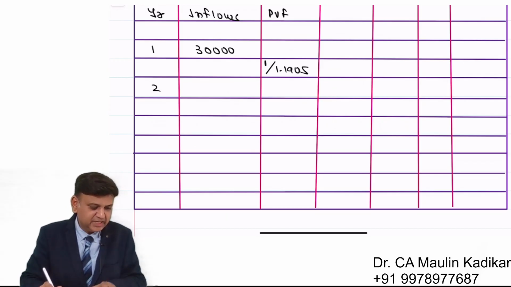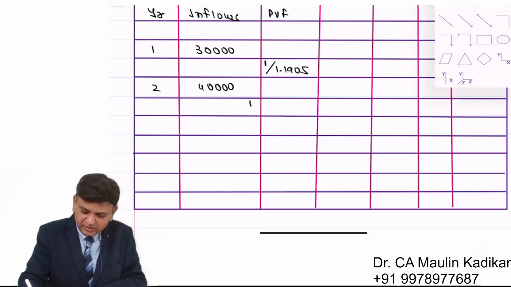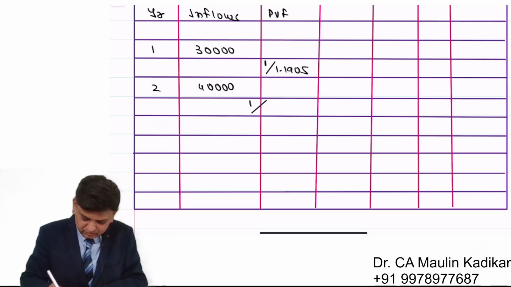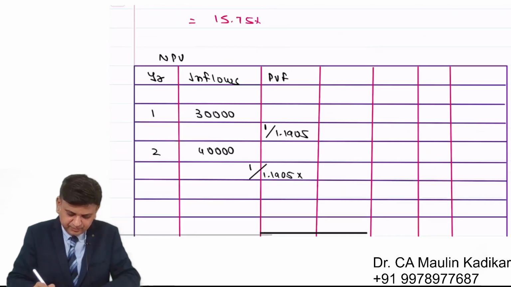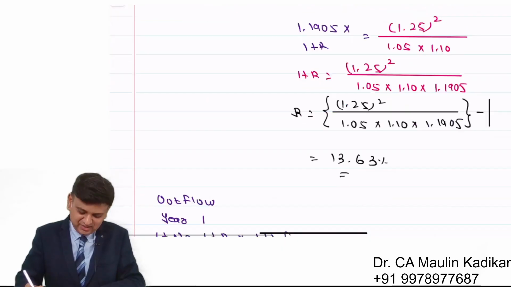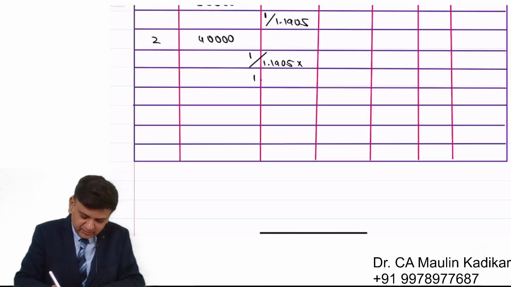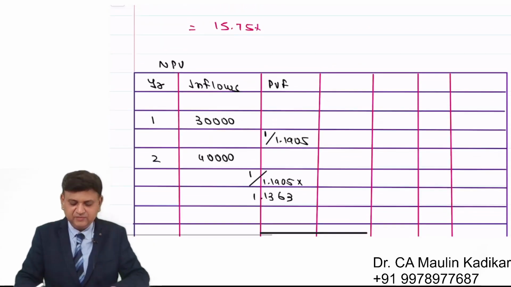Second year again there is a cash inflow. How much? 40,000. 1 divided by 1.1905 into, as far as the second year factor is concerned, it is 13.63, 1.1363. That is the way the second year factor will be found.